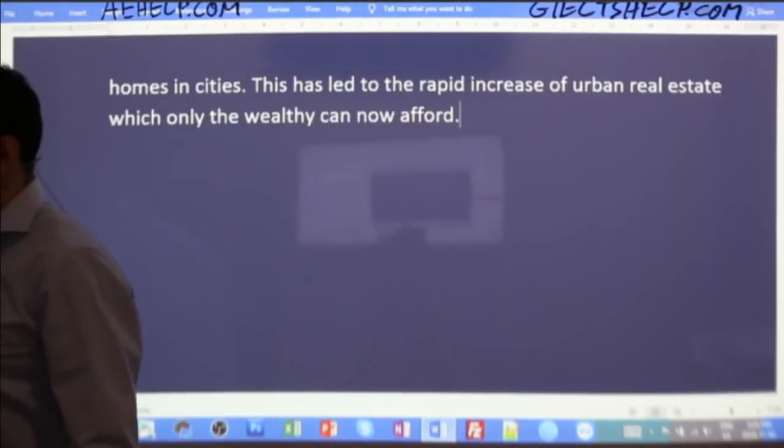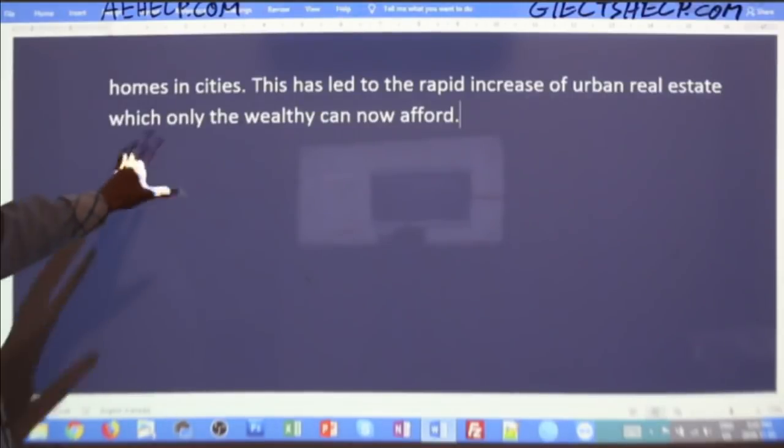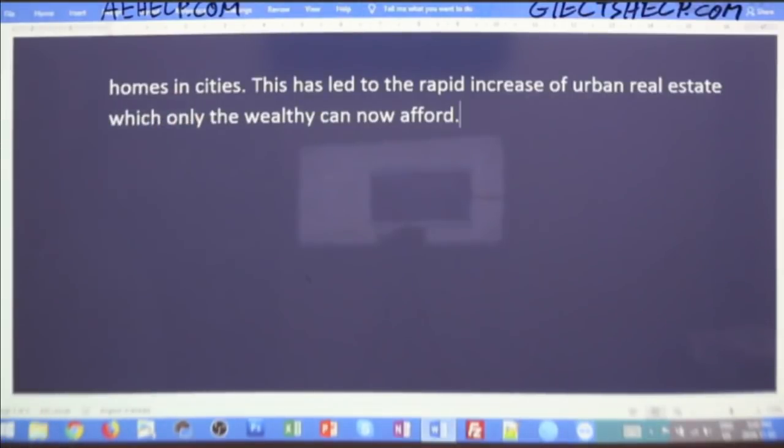Okay, so there I'm talking about the cause of the increase of this housing problem, or this housing situation, and I'm explaining it. Okay, so this sentence here is the explanation.